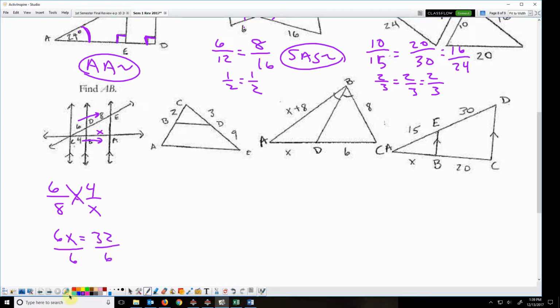And when we divide by 6, we get X equals 5.3 repeating, which is the same as 5 and 1/3. The direction of our first arrow doesn't matter. We can go this way or the other way, or we can go down or up, as long as we make the other arrow match.